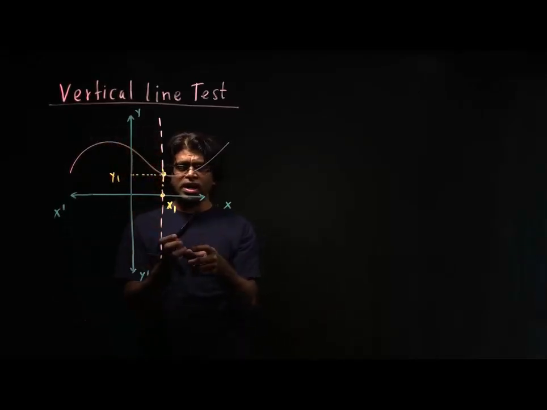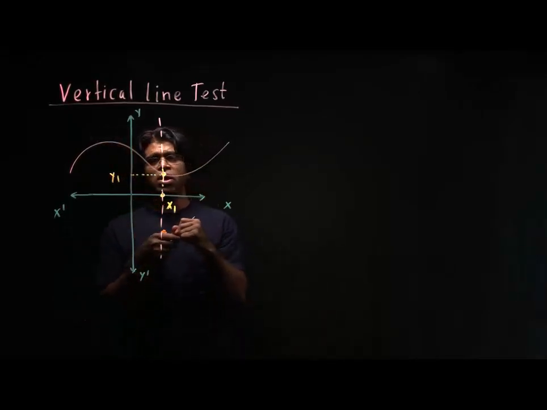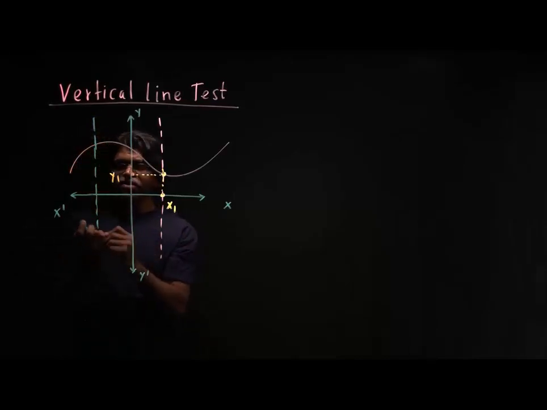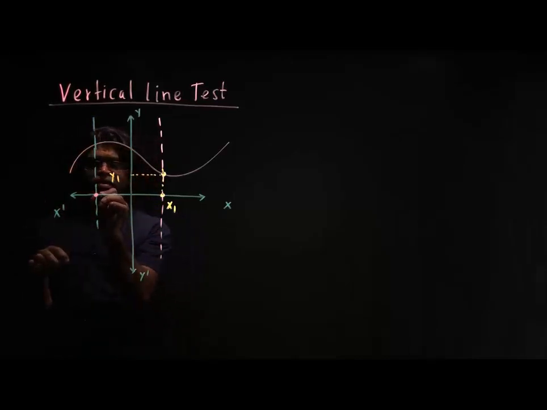Now let's draw another vertical line. Let my next vertical line be right here. So my x value is right there, which is x2. For x2, I have only one value of y, which is y2.